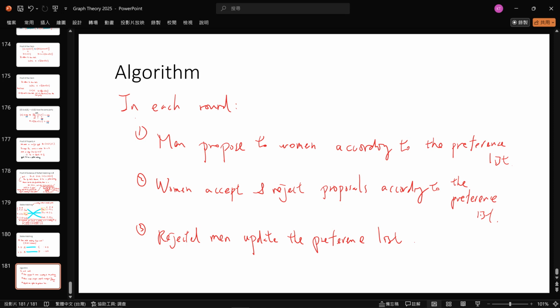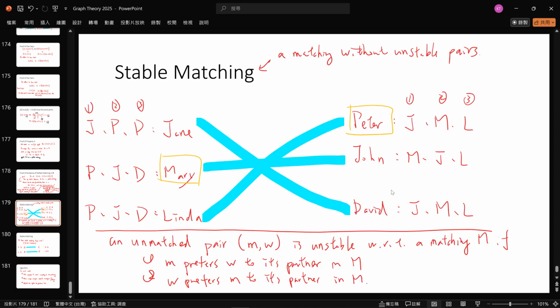So very simple algorithm. And so next, let's apply the algorithm to this example.